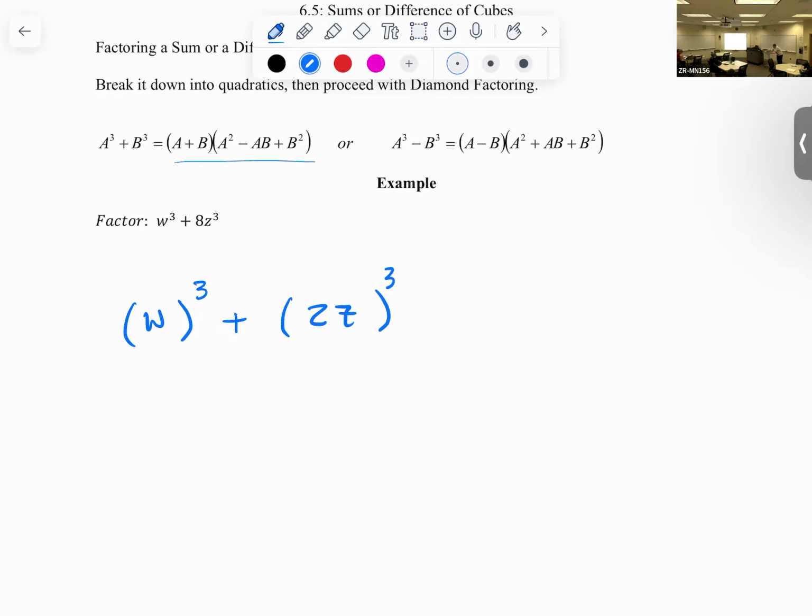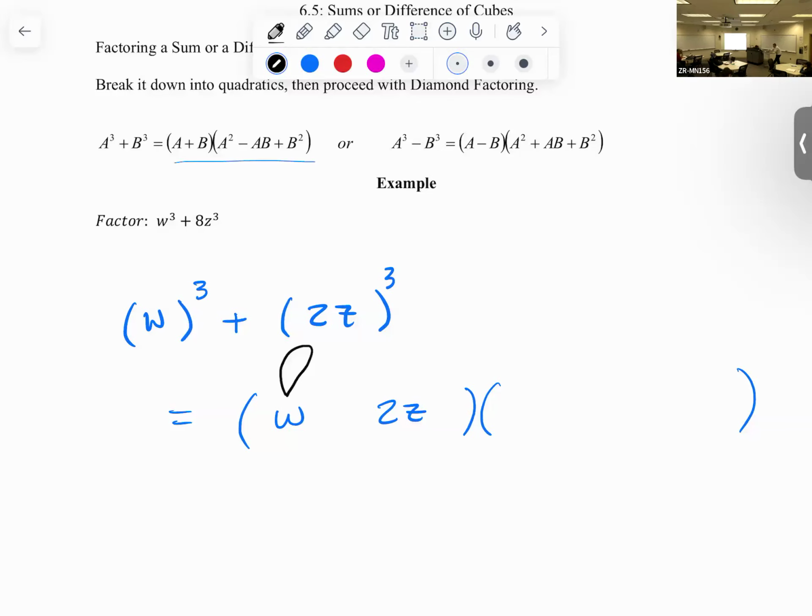Now, the formulas are here, but in order to actually identify this, it always becomes something times something because we are doing factoring. Once I identify those pieces, I have my W and my 2z. In order to find the pieces of the next three parts, the first term is the first term times itself.